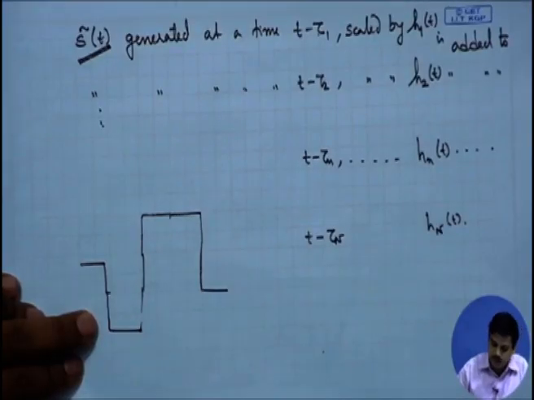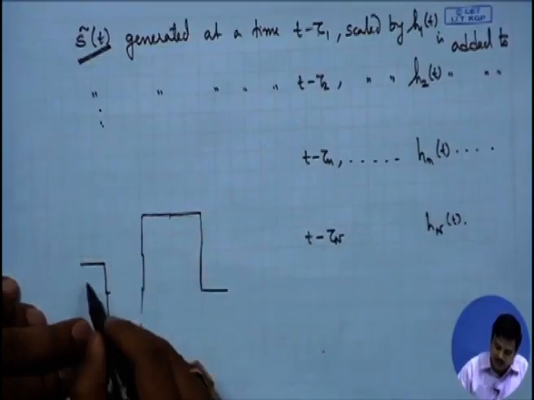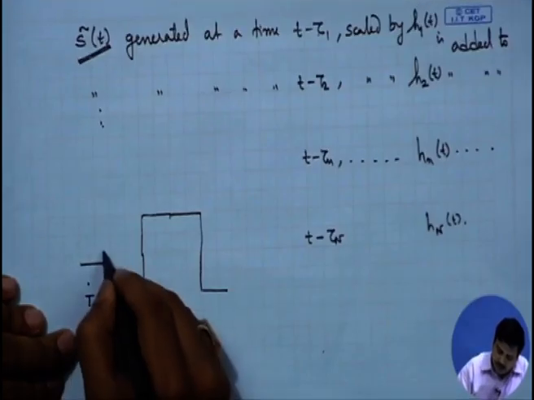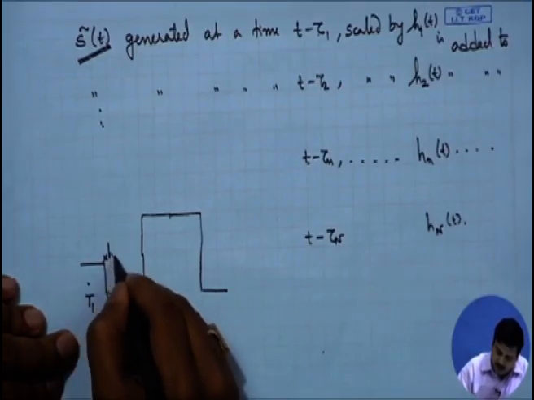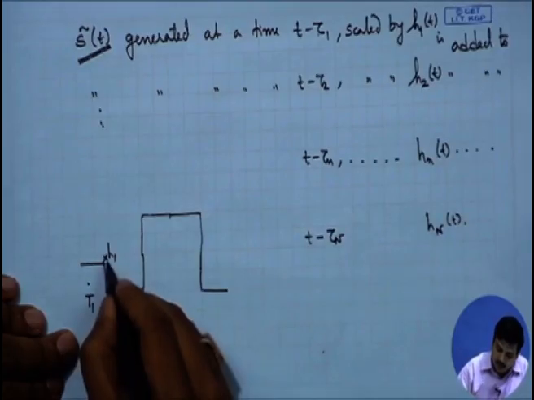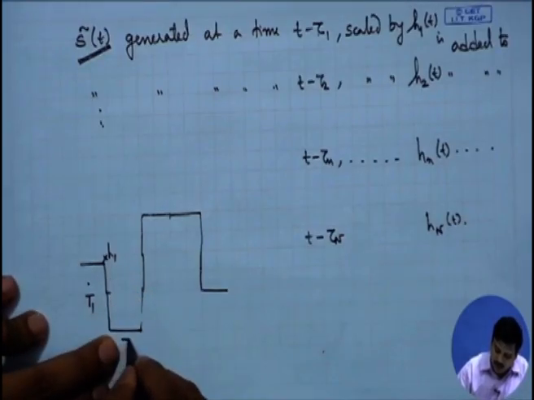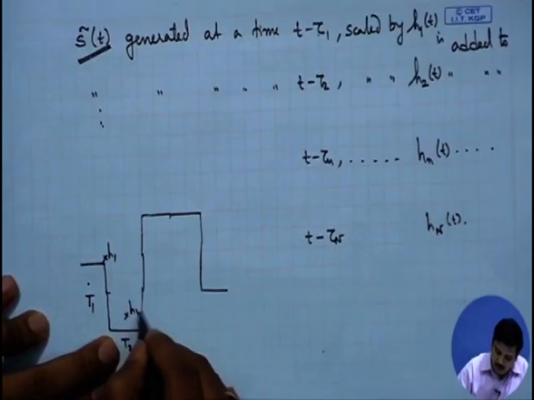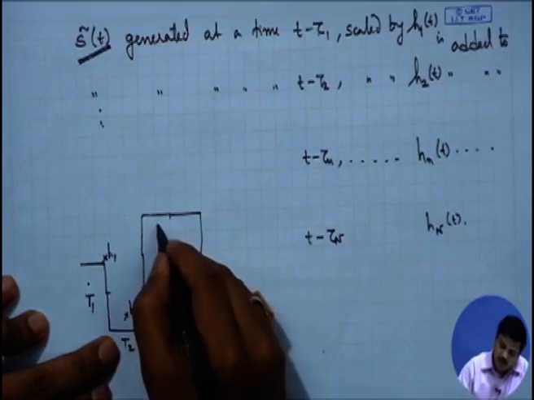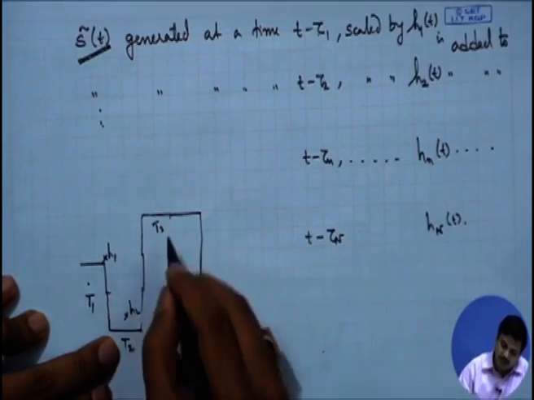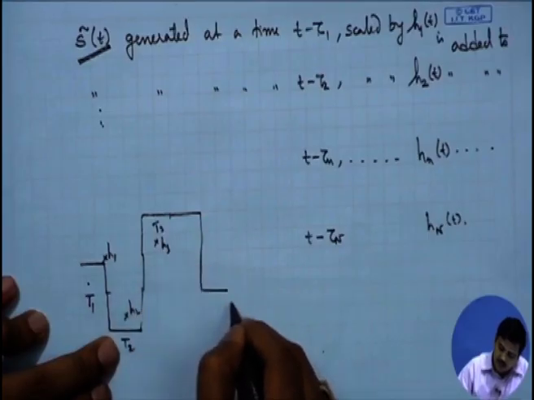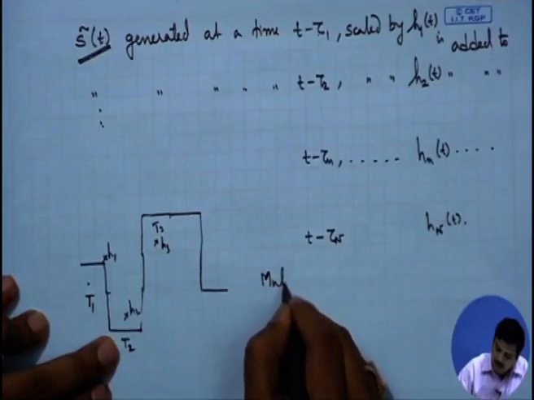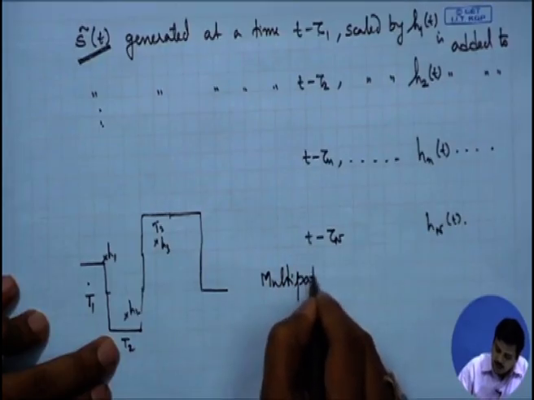So, what this statement tells us is that the signal generated at time, let us say t 1, gets multiplied by, let us say, h 1, this gets added to the signal which is generated at time t 2, where t 2 is equal to t minus tau 2, gets multiplied by h 2, plus the signal which got generated at time t 3 gets multiplied by h 3, and so on and so forth. So, clearly the received signal has multipath.